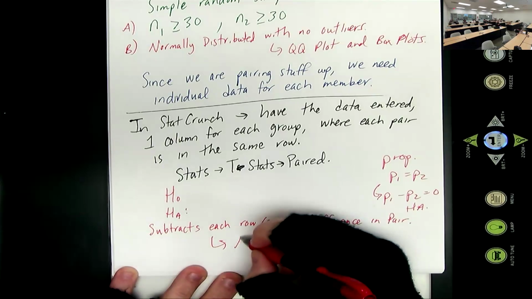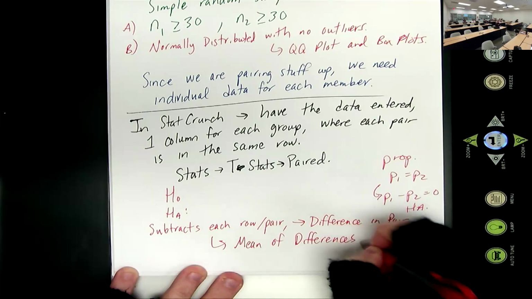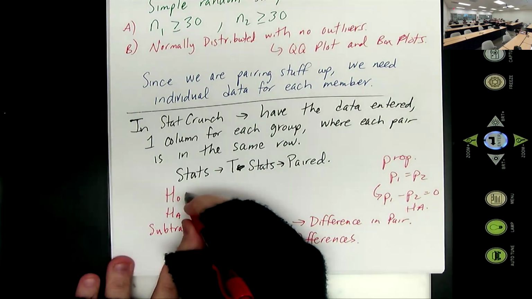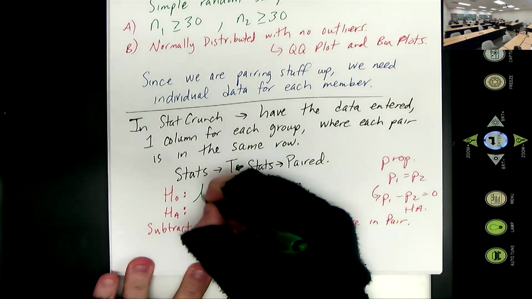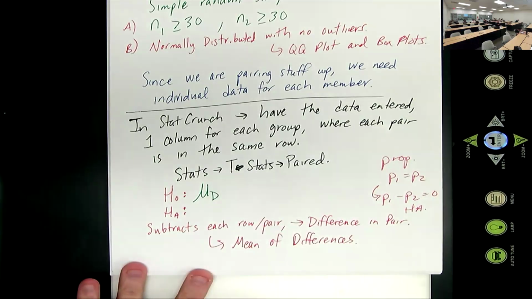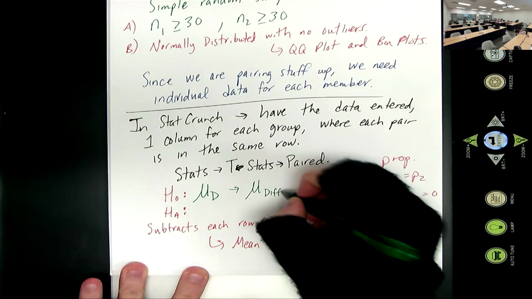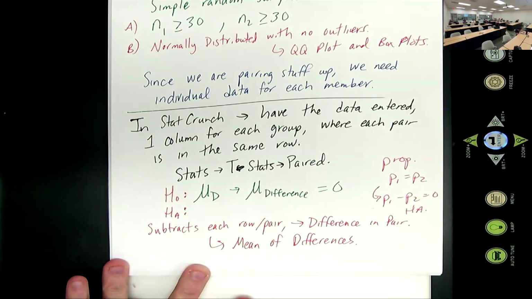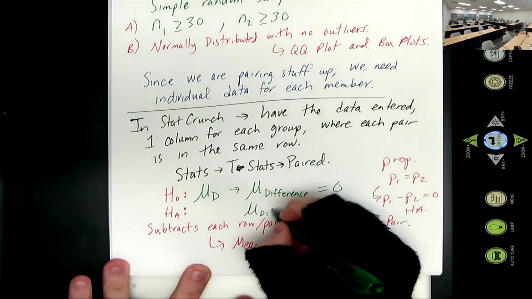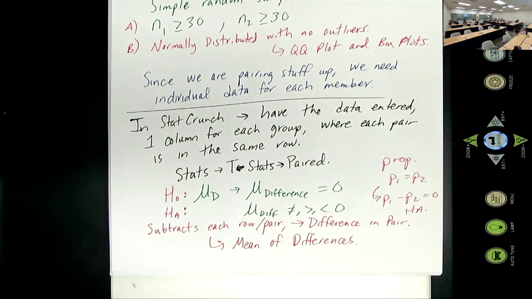And then it takes the mean of the differences. So StatCrunch will say mu d, which is like mu of difference. This top one equals 0. And HA is the one where it's either not equal to, greater than, or less than 0.